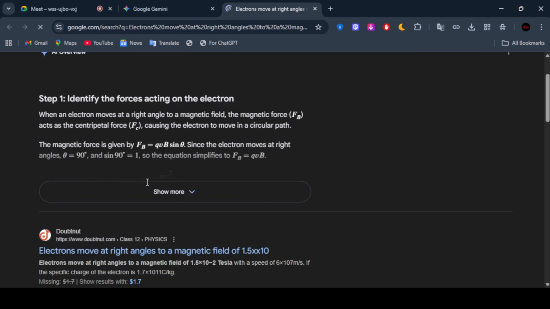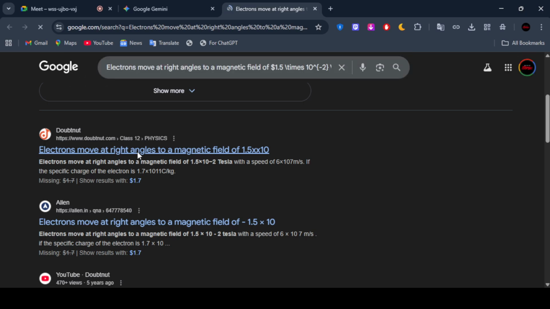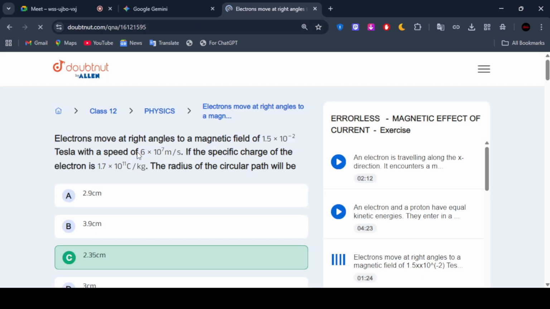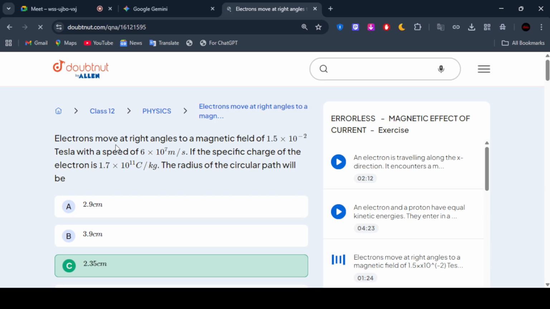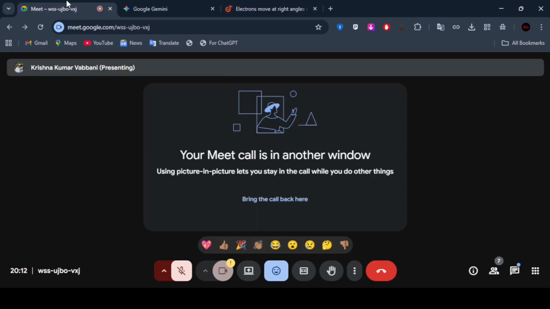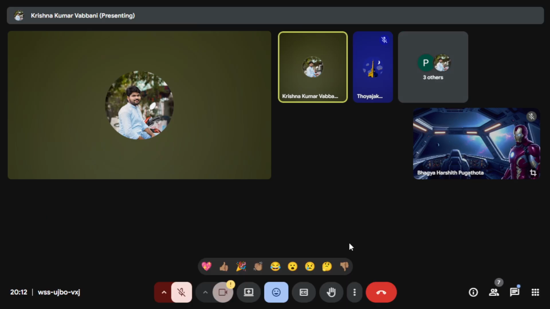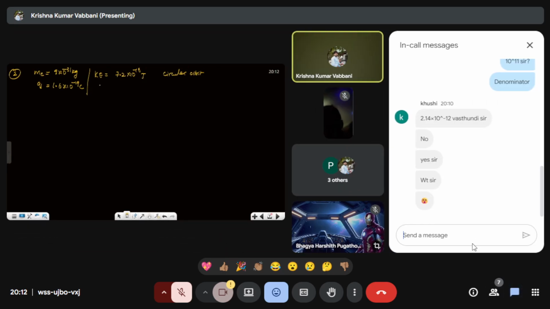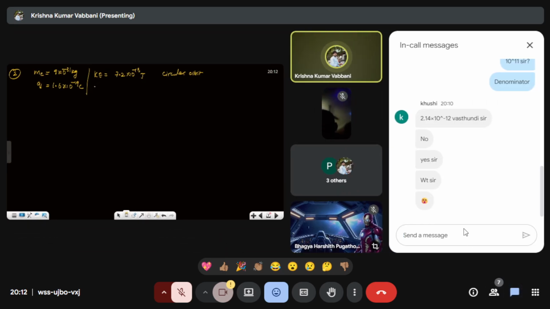Kinetic energy is given as 7.2 into 10^-18 joules, and it is moving in a circular orbit. Okay, the condition is that it is moving in a circular orbit. It is given that the magnetic field is 9 into 10^-5 Tesla, and he is asking to find the radius of the orbit.